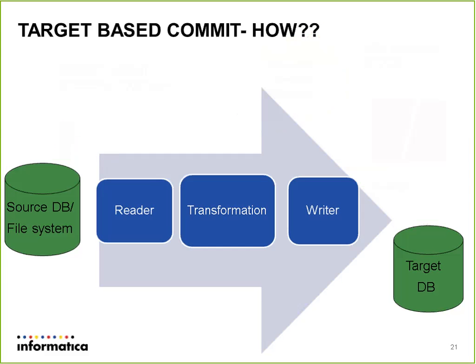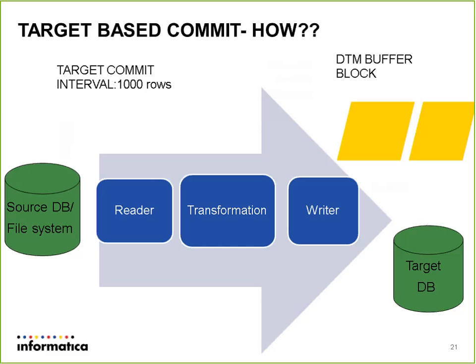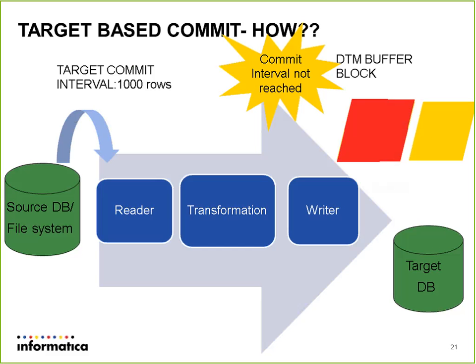Now let us see a scenario where the writer-wait timeout plays an important role. It's the same session which has been configured with target-based commit of 1000 rows. When the integration service initializes a session, it allocates DTM buffer blocks. While running the session, imagine that the writer buffer fills before the commit interval. The integration service writes data to the target but waits to issue the commit.